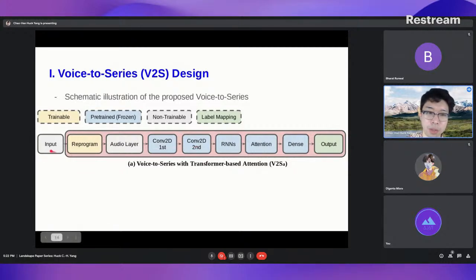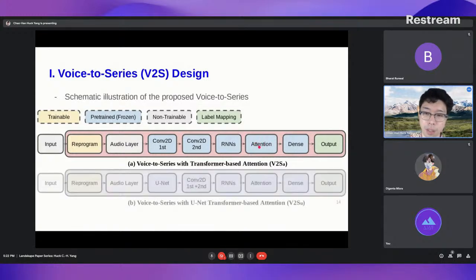As you can see here, this is the additive noise process, and here is the differentiable layer, and the other weights are frozen because we need this distribution boundary. And finally, the label mapping. This model was based on a transformer-based attention model, which picks out the representation by querying and does self-attention here.